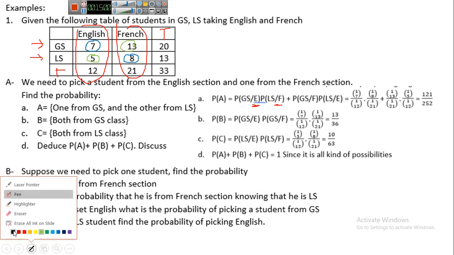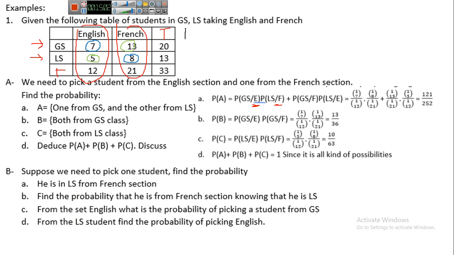I want to pick two students, so I say probability of picking, let me start with the blue one. GS, knowing from English first. I'm going to pick GS because I want one from GS and one from LS. In that case, from the French, knowing French, I will pick LS.